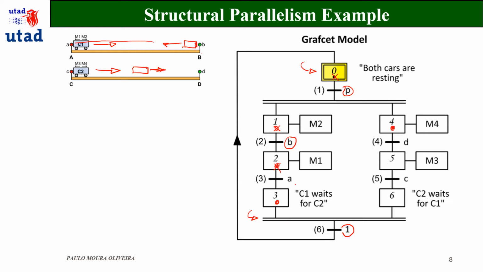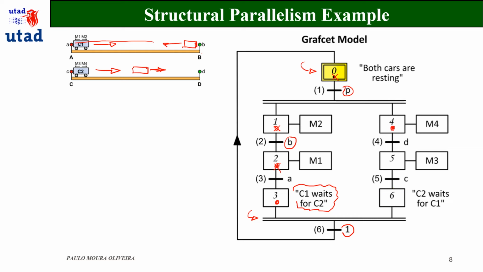That's why these steps are called waiting steps, because they force us to wait for the other step, or in this case for the other car, to be in the initial position.